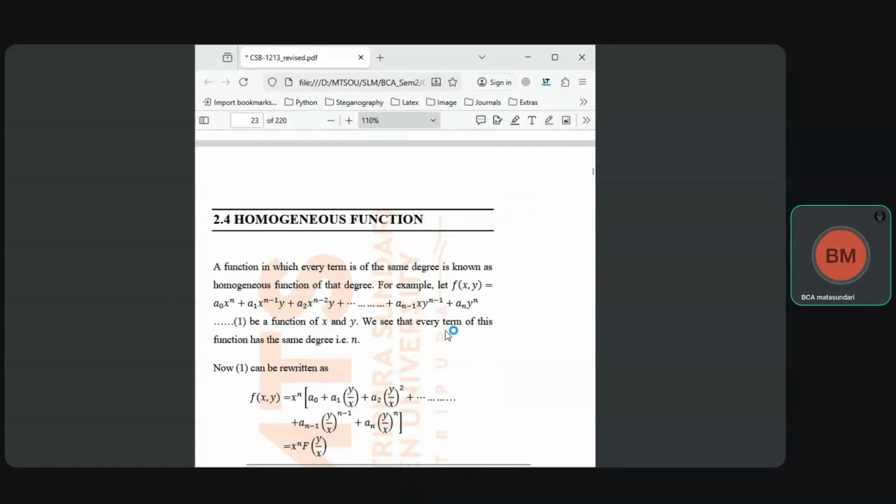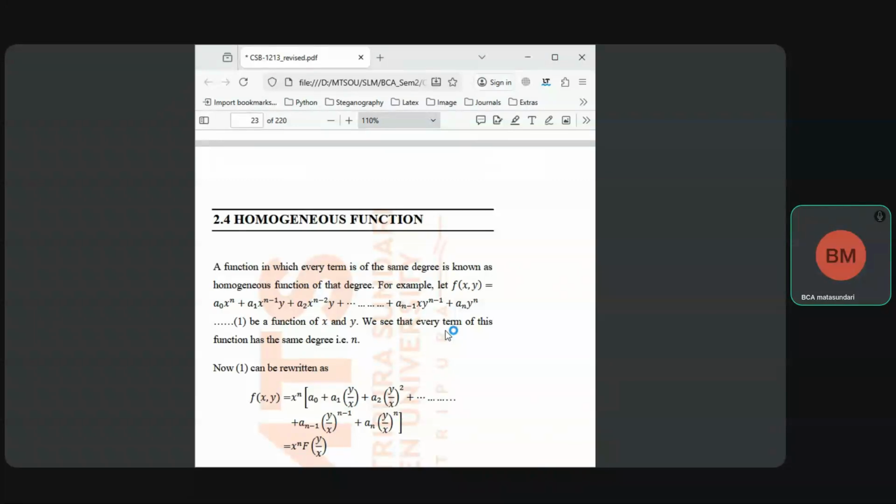For the homogeneous function, we have already explained, but we will explain more about it. A function in which every term is of the same degree is known as a homogeneous function of that degree. For example, let f(x, y) equal to a0 x to the power n plus a1 x to the power n minus 1 y and so on, be equation 1, a function of x and y.